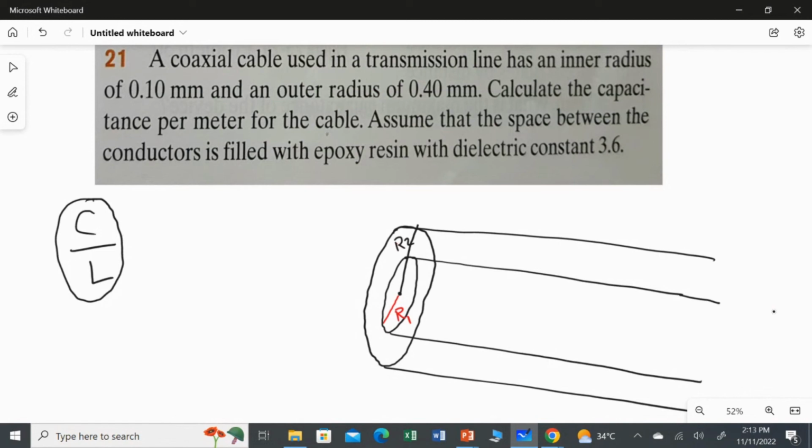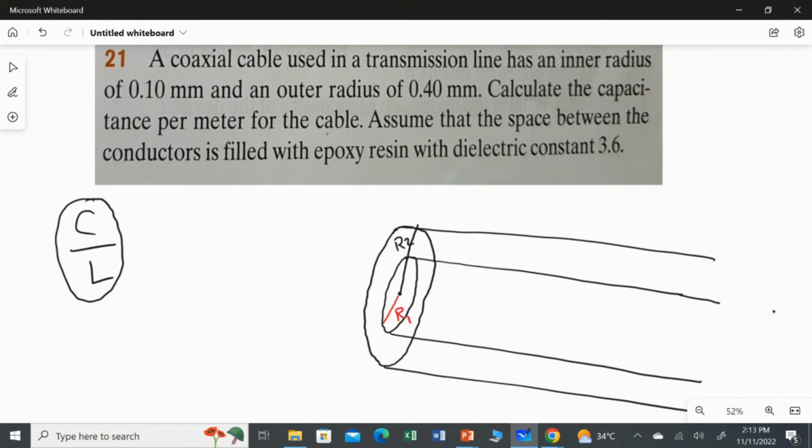Okay. Assume that the space between the conductors of this cable is filled with epoxy resin with a dielectric constant 3.6, because the dielectric constant value is unitless. Dielectric materials have a unitless value. We have different types of dielectric material.